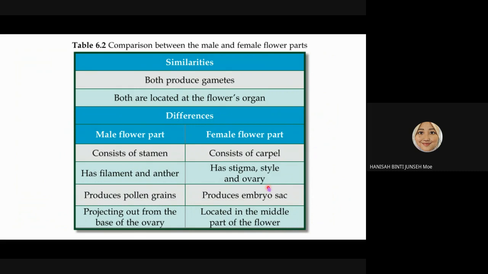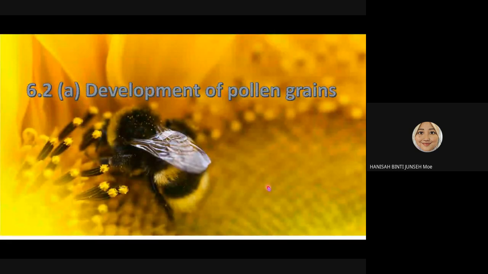So now you know, as a conclusion for this 6.1, there are two parts of flowers, male and female, and you know the structure. All right. Now we go to 6.2. I break down this subtopic 6.2.